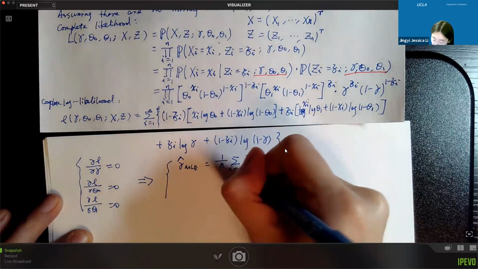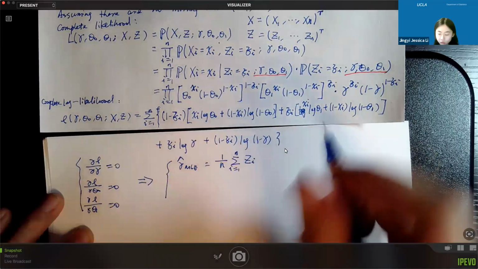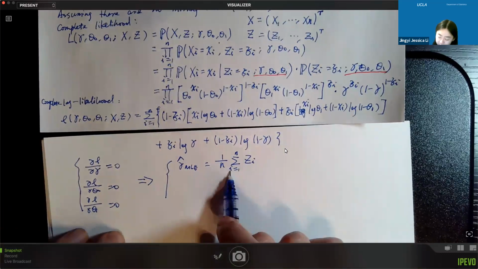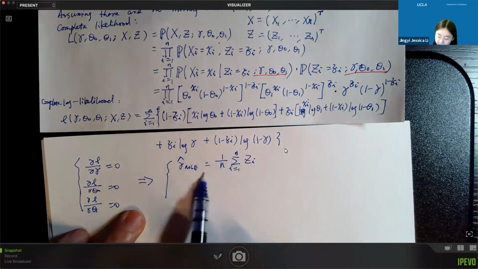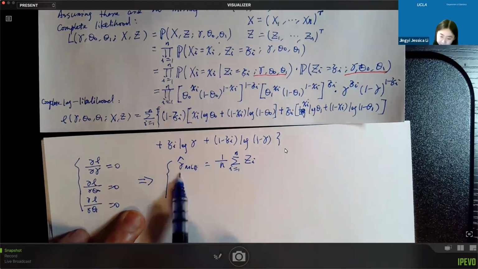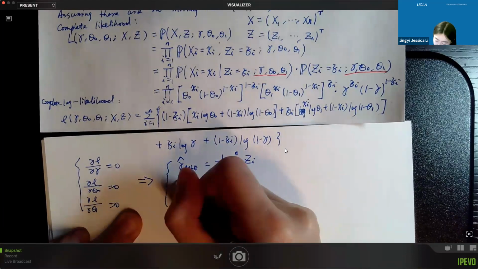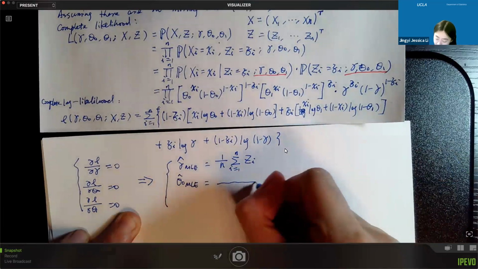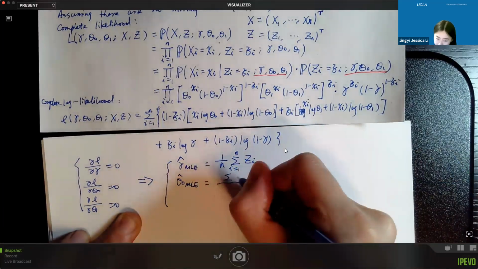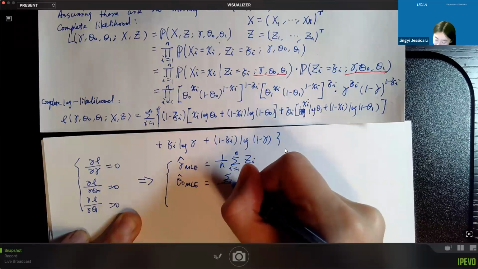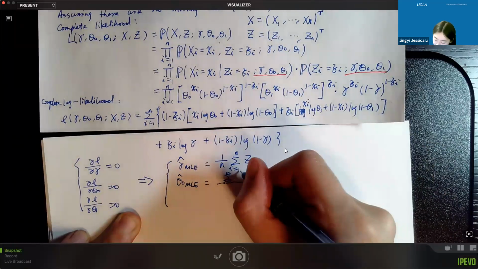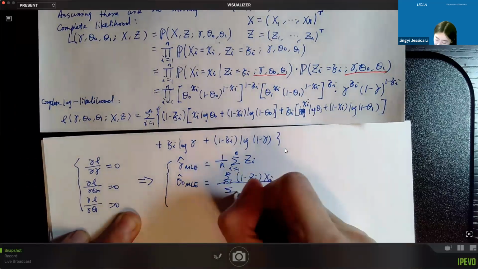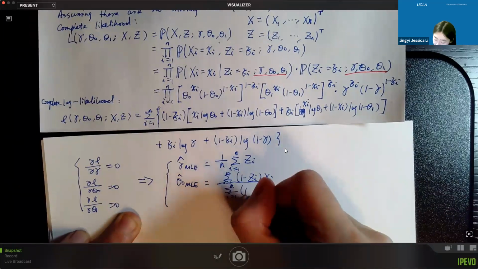That is the proportion of respondents who are actually conservative, because Zi equals 1 being conservative. That's the proportion of conservative people in our sample. We use that to estimate gamma. And we have theta 0 hat MLE, which can be shown to be just the summation from i equals 1 to m of (1 minus Zi) times xi, divided by the summation from i equals 1 to m of (1 minus Zi).